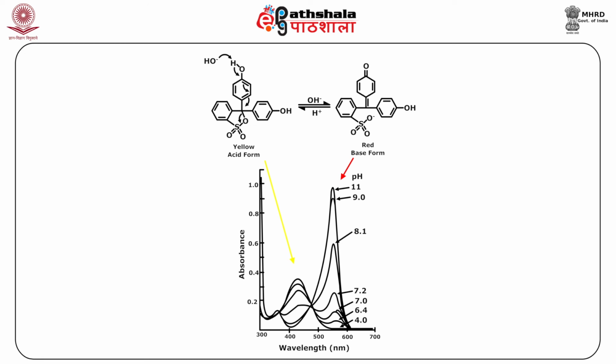Because of the resonance involved, the electronic allocation of the bonds within the molecule transforms along with the pH value of the solvent in which it is dissolved. This has been represented in a figure, which specifically shows the change from yellow to red and vice versa. The absorption spectrum of the phenol red has also been demonstrated along with the various pH values.